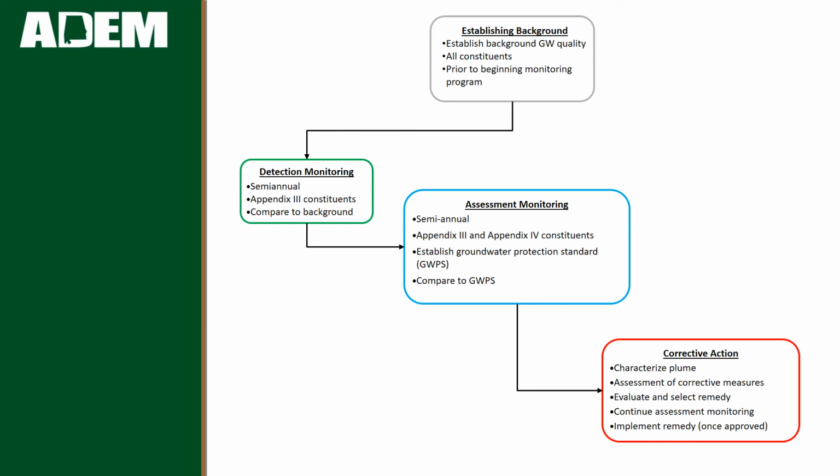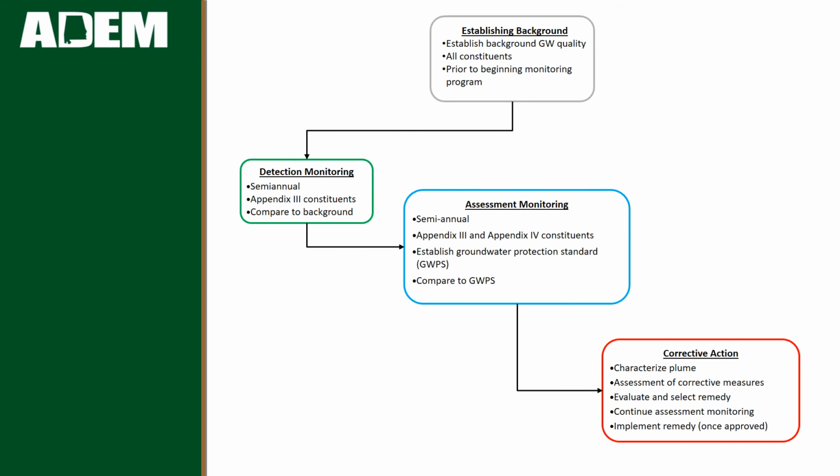So when in assessment monitoring, a facility compares not to background, but to the groundwater protection standard. Again, facilities are looking for statistically significant increases over the groundwater protection standard rather than a single detection. If there is a statistically significant increase over that value, a facility must move to corrective action. This is the phase that all of the facilities in the state are currently in.